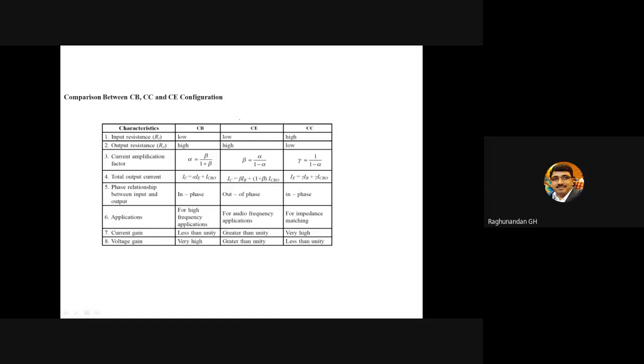Emitter, correct. So the emitter is heavily doped. When a layer is heavily doped, does the conductivity increase or does the resistance increase? Conductance increases or resistance increases?